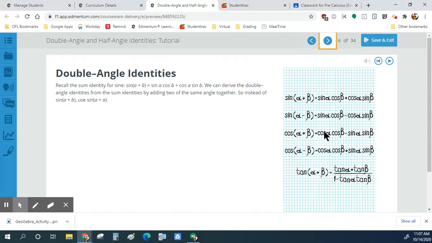These we're going to derive from the sum formulas where we added these angles. We're going to assume that our alpha is the same. So instead of calling this alpha and beta, we're just going to assume that it's double alpha. We're just going to double that angle.